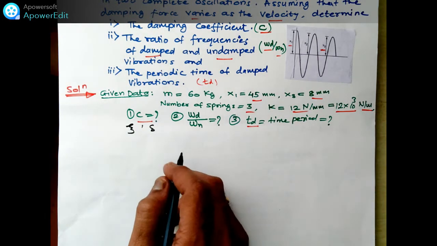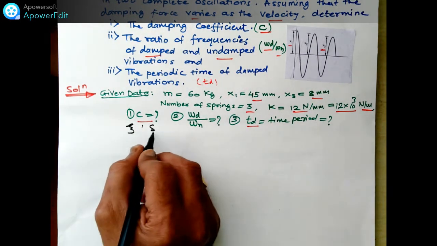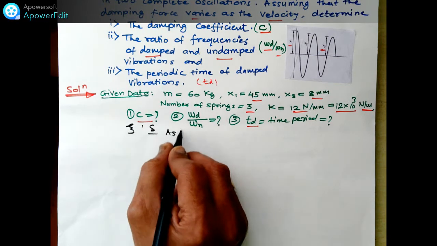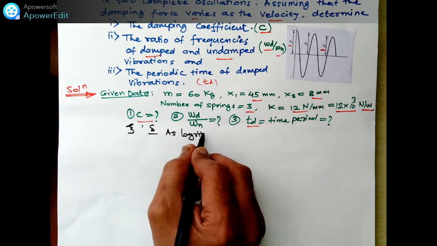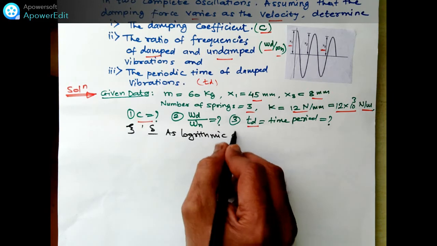Delta value we can calculate as the logarithmic decrement.